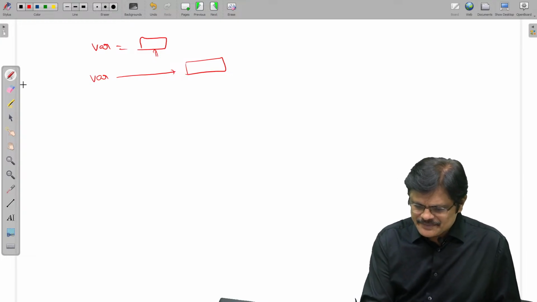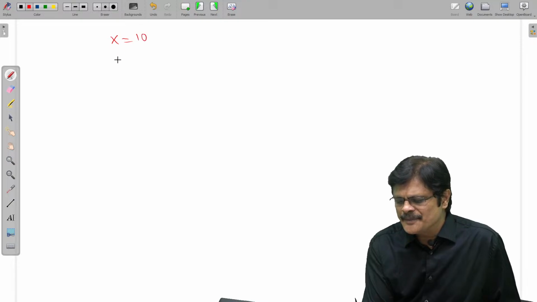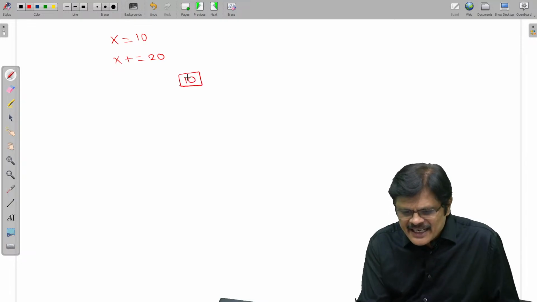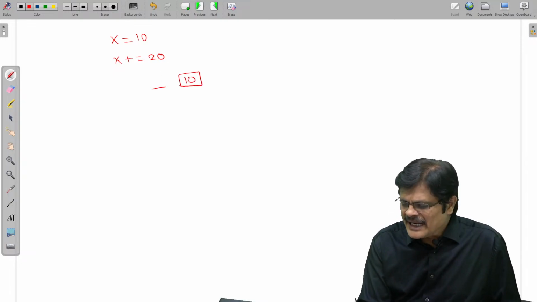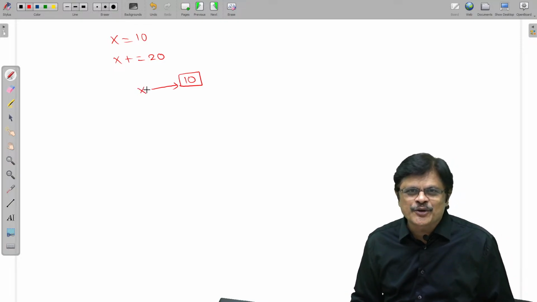For example, let me clear this. For example, if I say x is equal to 10 and then x += 20, initially object 10 is created, and x is referencing object 10.